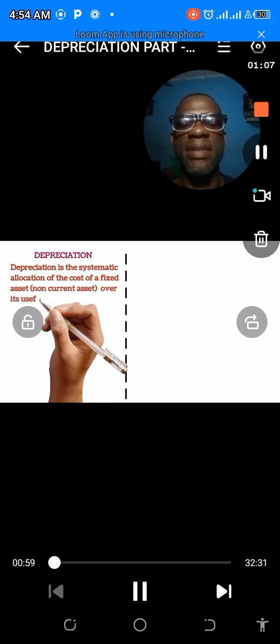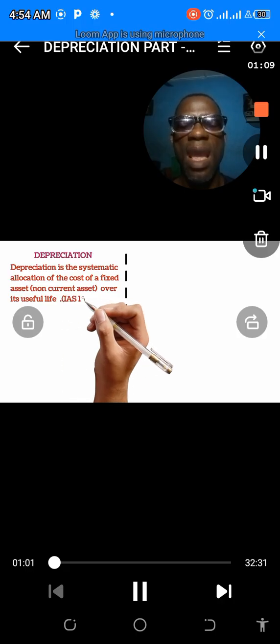That is the definition given by IAS 16, that is International Accounting Standard number 16. I repeat it again. It says depreciation is a systematic allocation of the cost of a non-current asset, that is fixed asset, over its useful life.